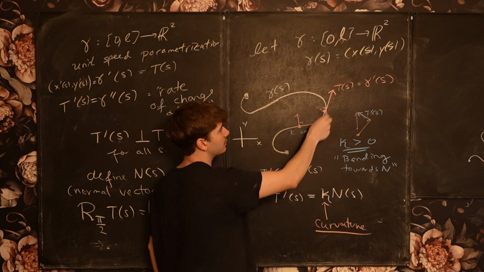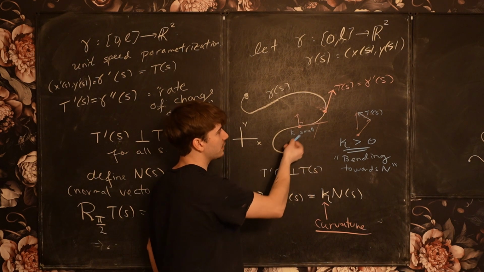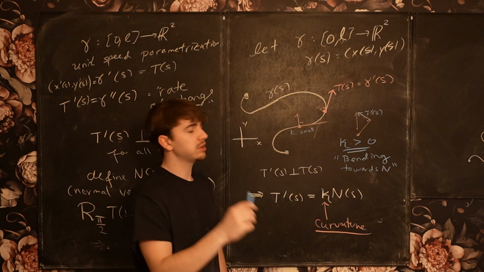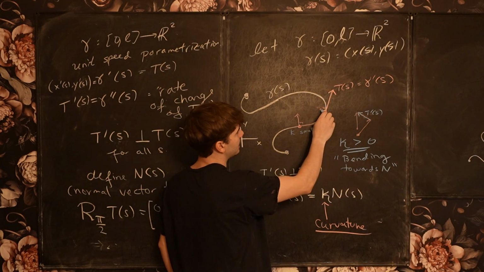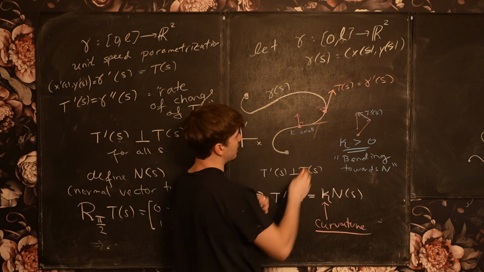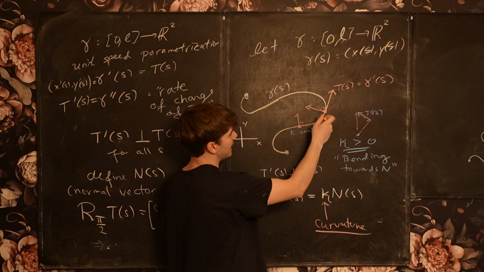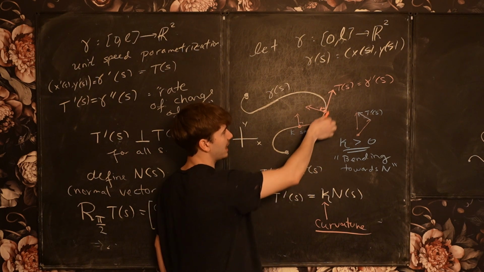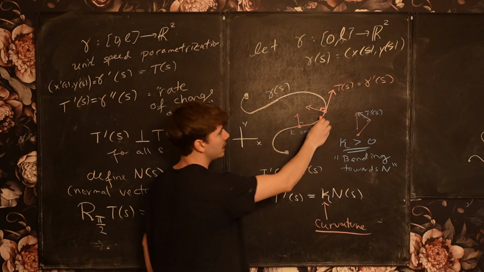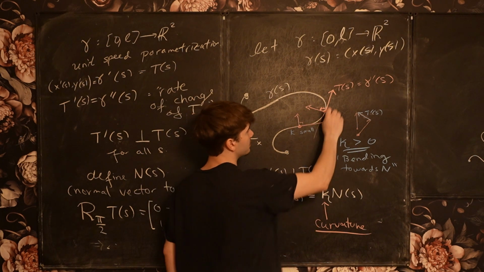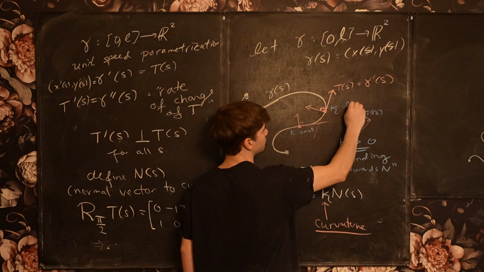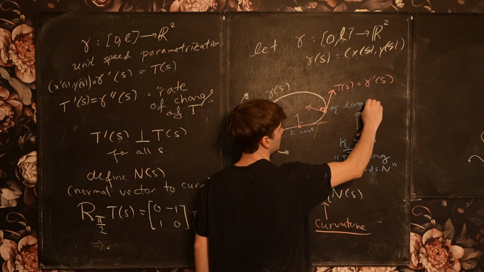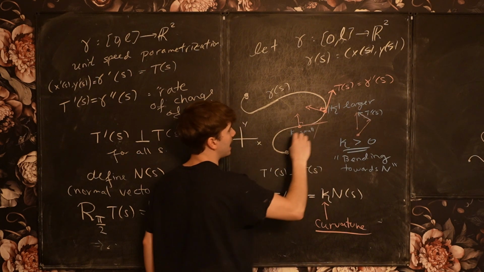Whereas if I go around the bend of the plane curve, then I certainly have that the tangent vector is sort of bending towards the normal vector more. And so in this case, kappa is going to be larger, okay? And when I say larger, I mean in magnitude, okay?